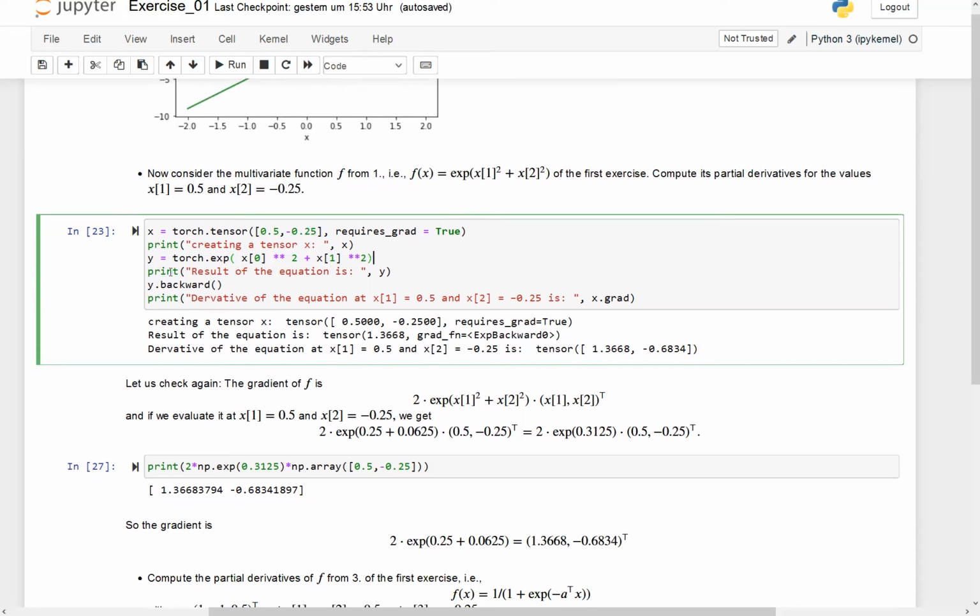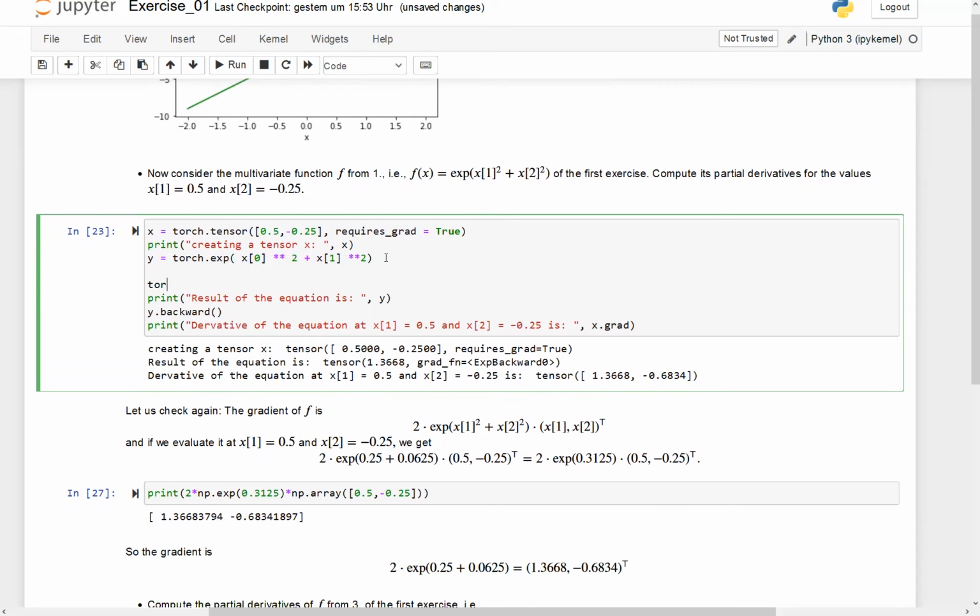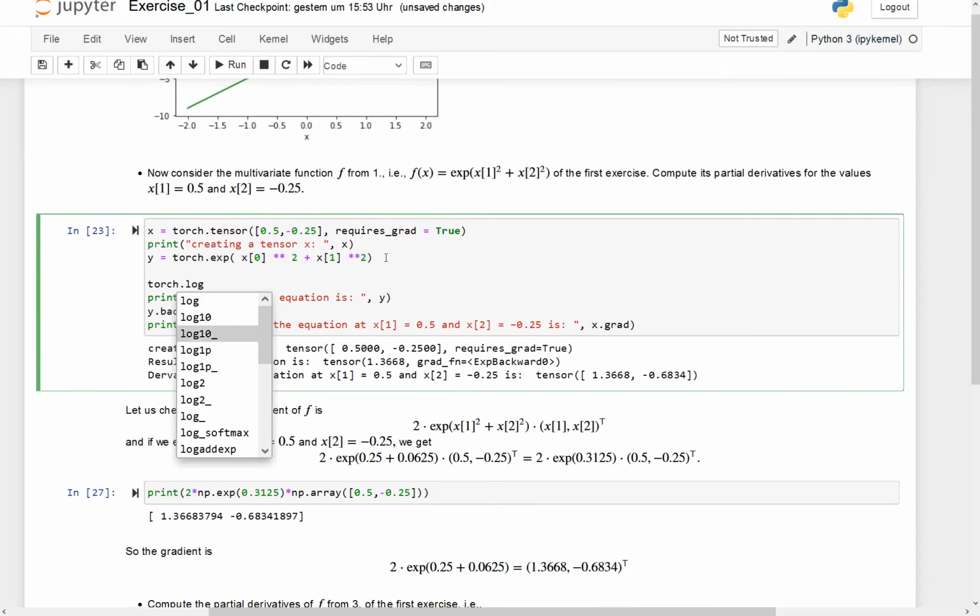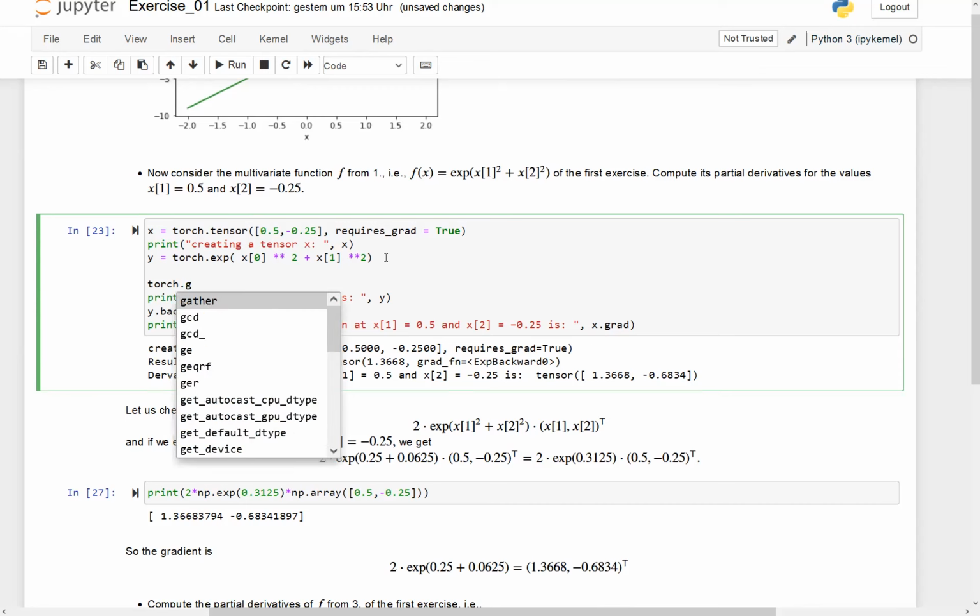And we have an exponential function, and of course, torch gives you the possibility to express an exponential function. You also have the sine function here, the hyperbolic sine function, and the logarithm function also with different bases. I don't know what else, perhaps gamma?